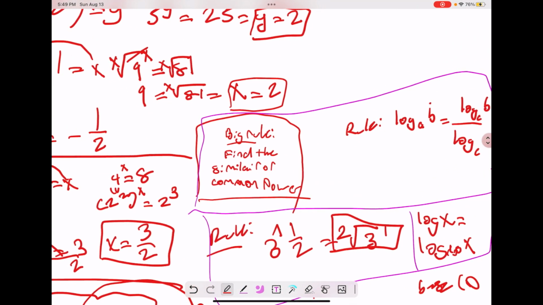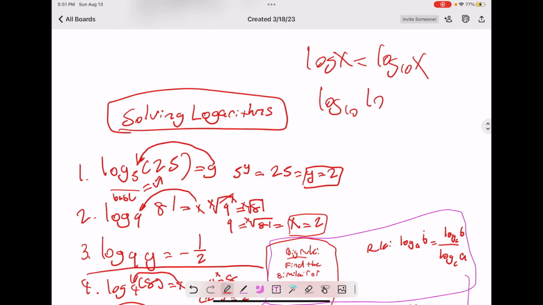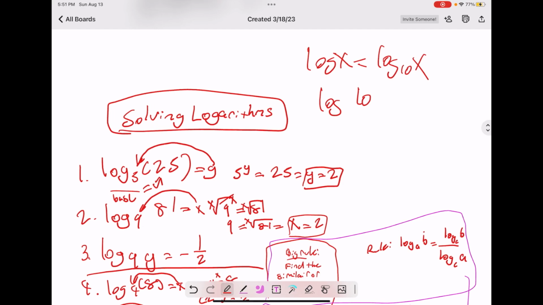So, this little quiz: if you have log 10 of 10, and you don't have any further information, what would this be equal to? Hopefully, that was good. We're going to put this as log 10 of 10 and say it equals x, so we plop the x on the 10. So we get 10 to the x equals 10, which means x equals 1. And that is the answer.